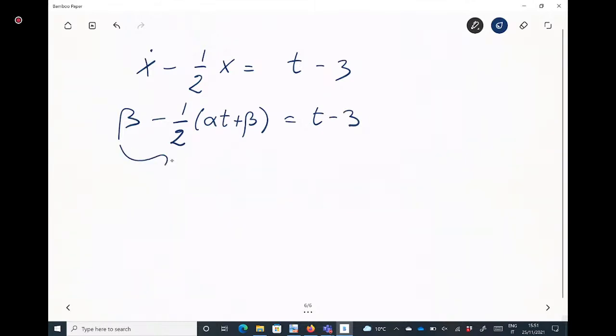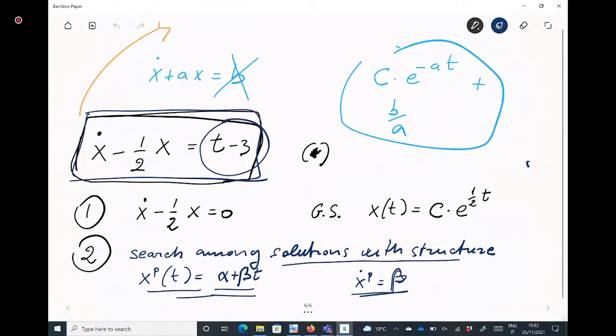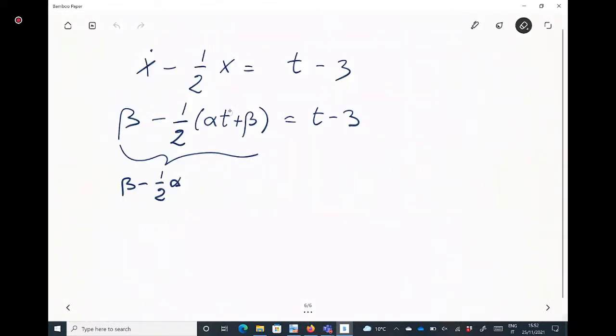Now, here, we solve this, and we group the terms which are numbers with the terms that are coefficients of t. So we have beta minus 1/2 alpha minus beta over 2 times t, right?